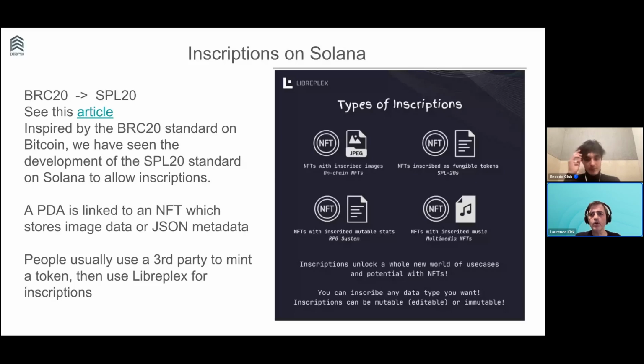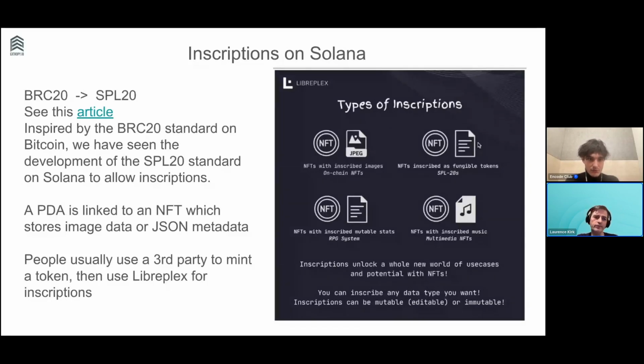We have the idea of inscriptions being involved with a fungible token. But we also have the idea of this original use case of inscriptions being involved with a non-fungible token as well. And as you can see from this, this is from Libreplex. Libreplex is one of the big projects that got involved in this, I suppose. They've provided these 4 examples here.